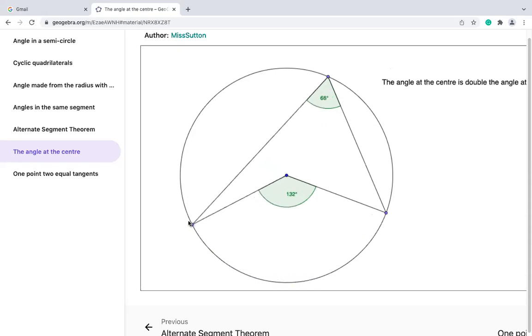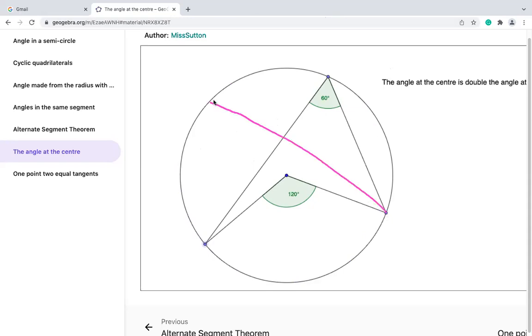Let's do some more logical reasoning. Here you can see this is 60, this is 120. If you remember, this can be linked up with the angle on the same segment, but one at the center, other at the circumference. So here, this angle is going to be 60 because these both are on the same segment.